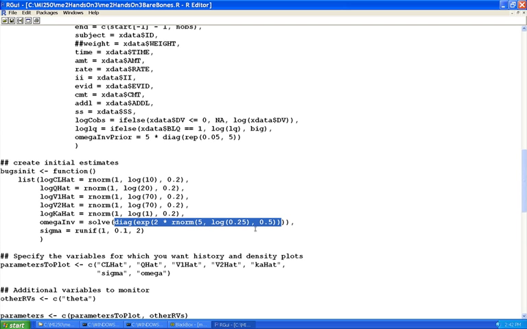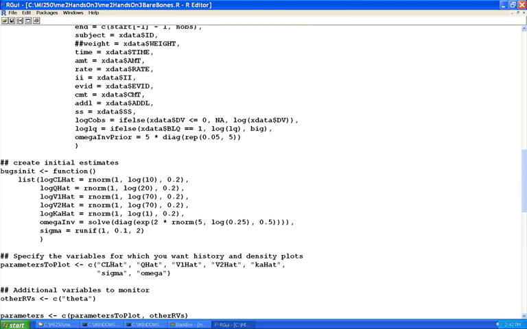And so that's all that's going on there. That'll give me an initial estimate for the variance matrix, and then I use the solve function to get the inverse of that matrix. And then sigma, I just used a uniform going from 0.1 to 2 here.